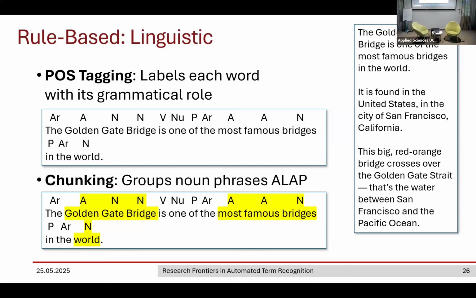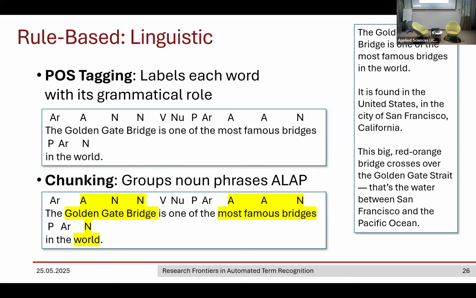We analyze using a POS tagger, and each word gets its label. Like this is an article, this is an adjective, this is a noun, this is a noun, this is a verb, this is a numeral, this is a preposition, and so on.